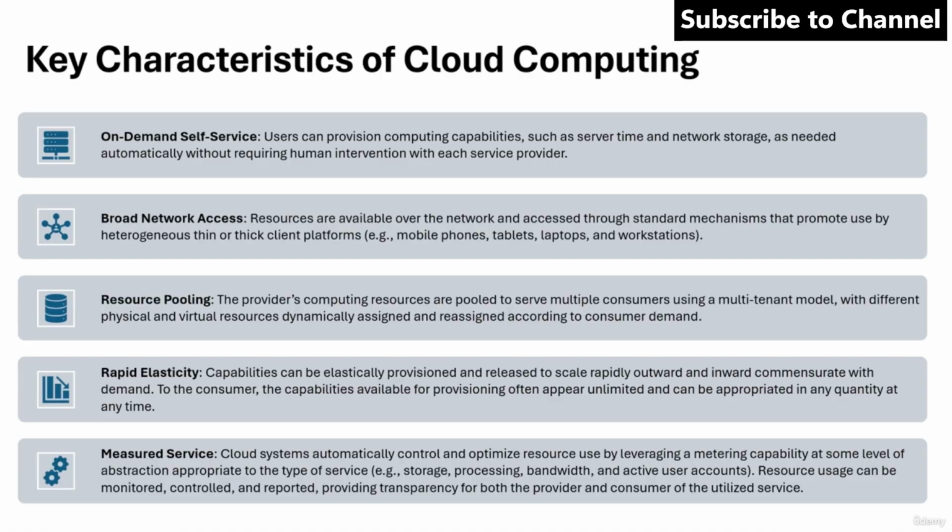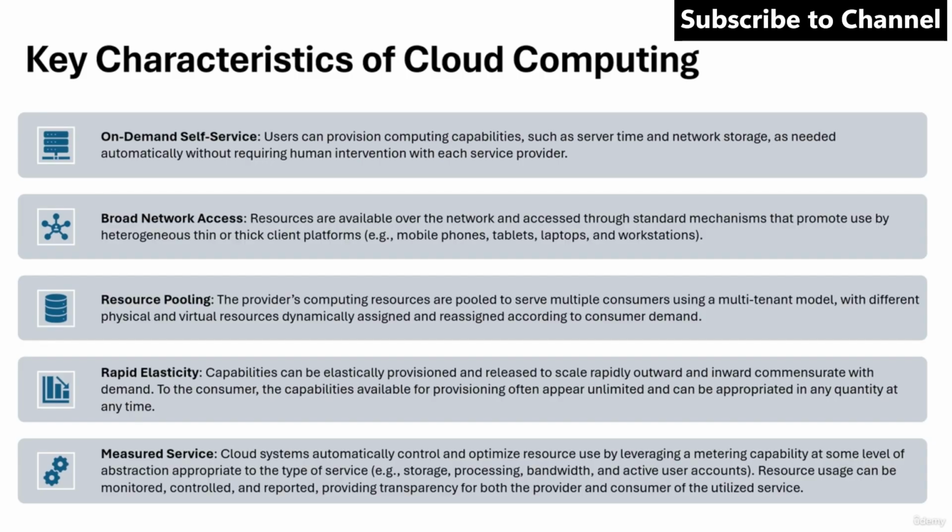So the key characteristics of cloud computing are on-demand self-service, broad network access, resource pooling, rapid elasticity, and measured service. Of these, on-demand self-service means users can provision computing capabilities such as server time and network storage as needed, automatically, without requiring human intervention with each service provider.